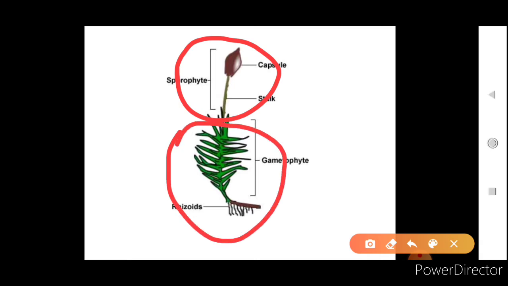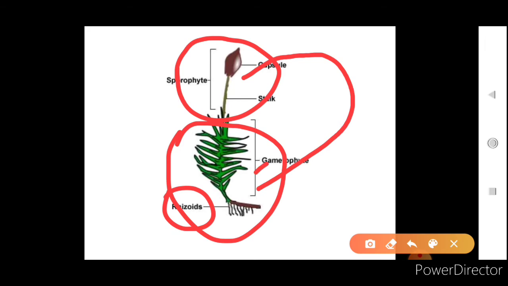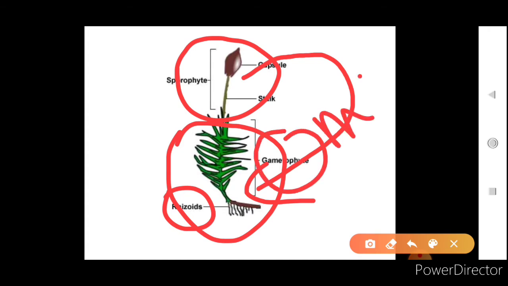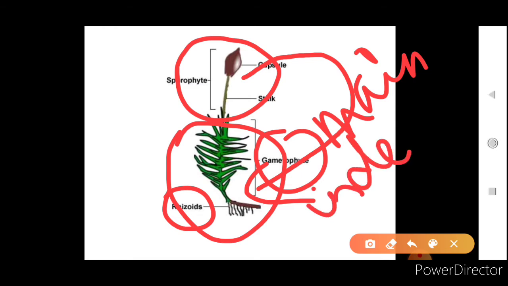So these are the rhizoids which help in the absorption of minerals and water, and this sporophytic phase is dependent on the gametophytic for its survival. So the gametophytic stage is the main stage, or you can call it independent, while the sporophyte is dependent on the gametophyte.